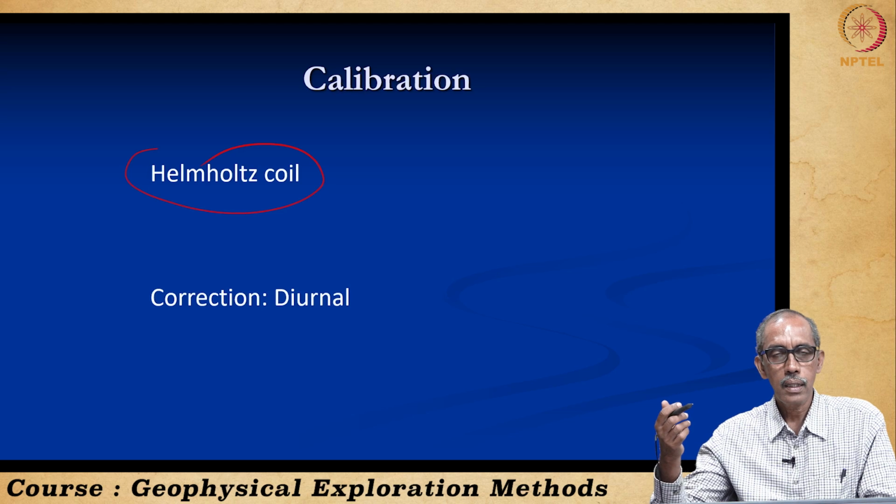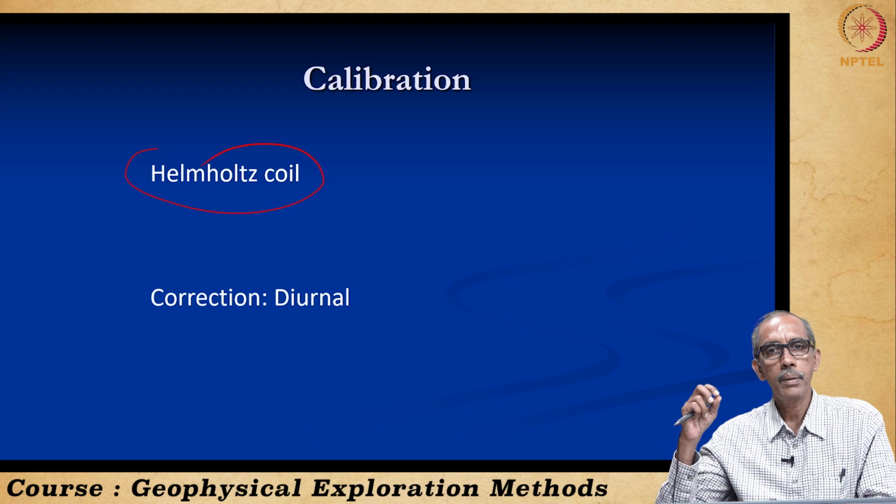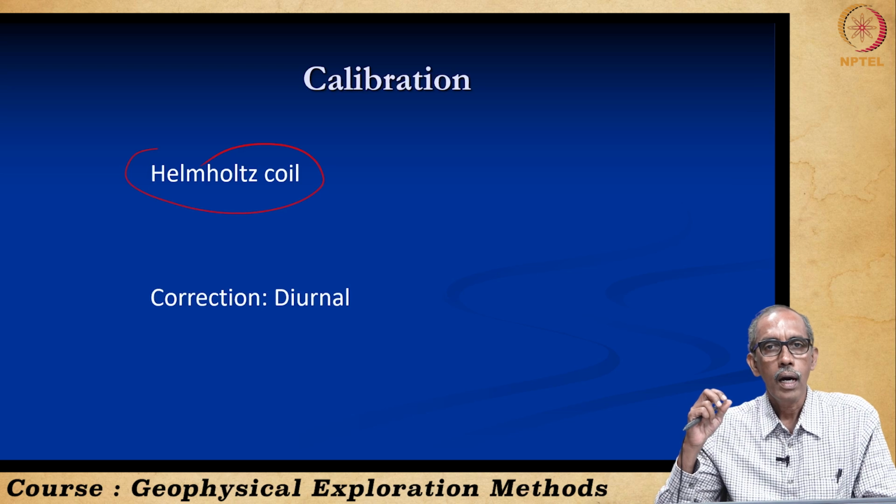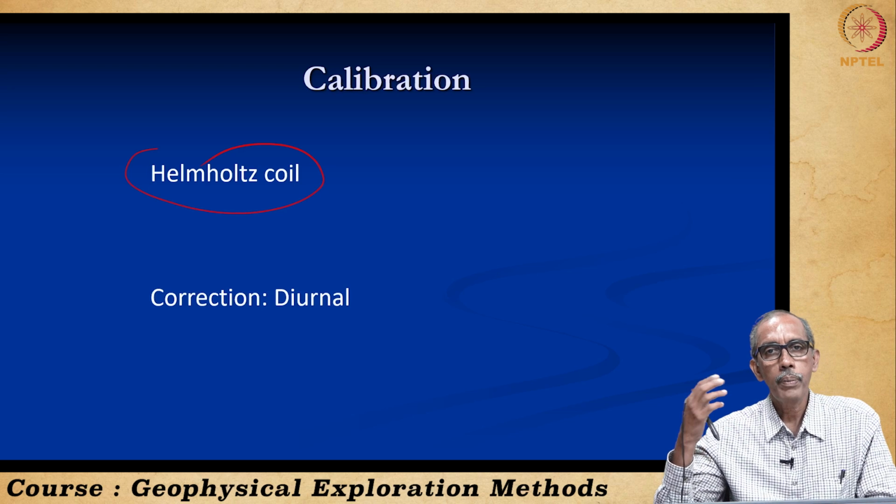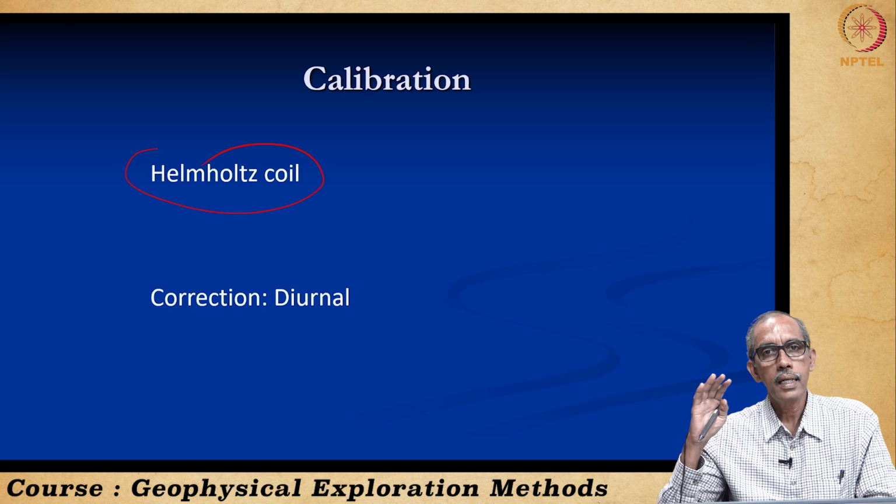Suppose the meter is not showing the expected value, then there is a provision in the magnetometer, right. There will be an adjusting screw or some other method depending upon the manufacturer. Let us at least understand there is a provision provided in the magnetometer.